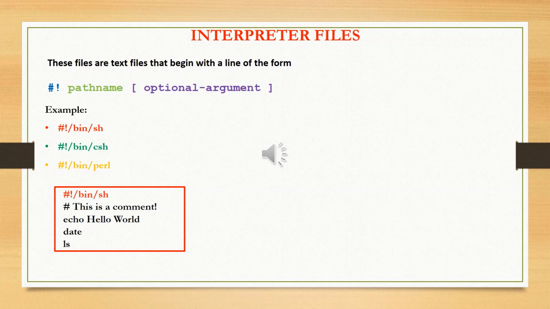For example, consider the user command with echo, hello world, date, and ls as the pathname. You set the arguments and then print the values.